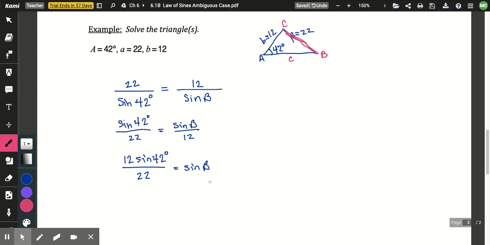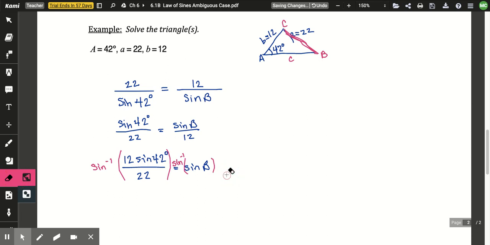So I'm going to have to use the inverse operation for sine, which is inverse sine, which we just learned recently. With that, you can't just throw it in anywhere you want to. You're taking the inverse sine of each side of the equation. So it's not like you can just write it on the end over here. That's not the same. You're not multiplying by inverse sine. You're taking the inverse sine of both sides.